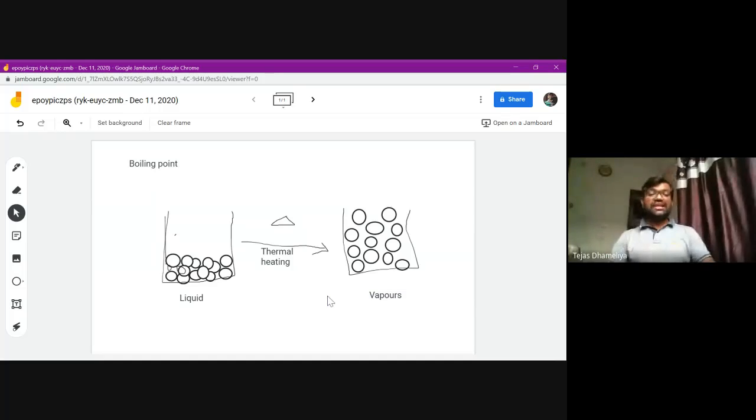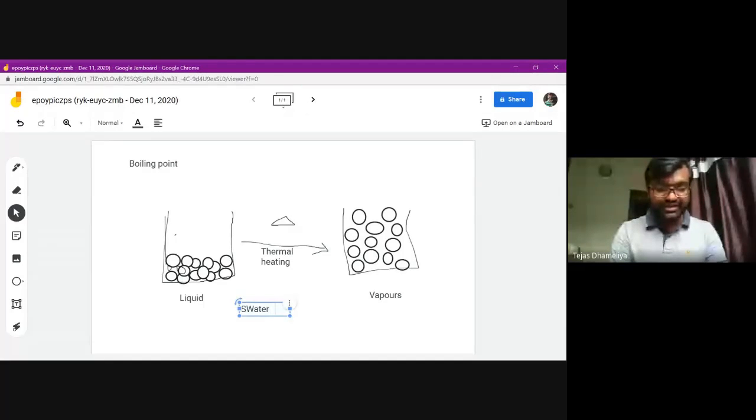A liquid upon heating is converted into the vapor form, and this way you can see how they are having so much distance. If I say water, it is a substance having a boiling point of 100 degrees Celsius.